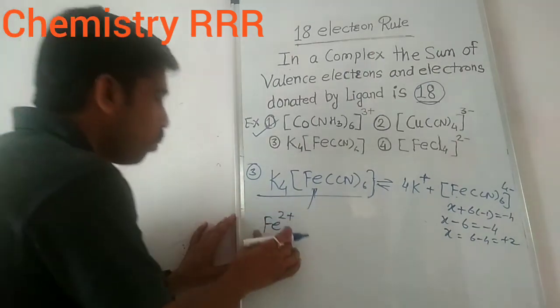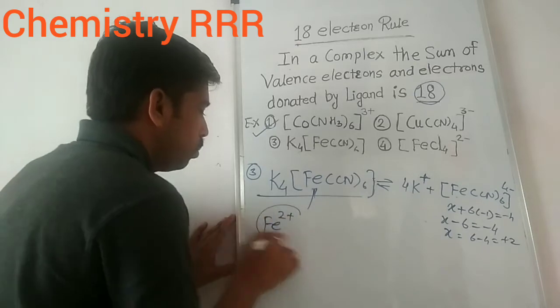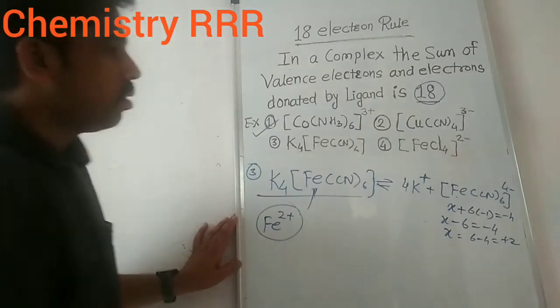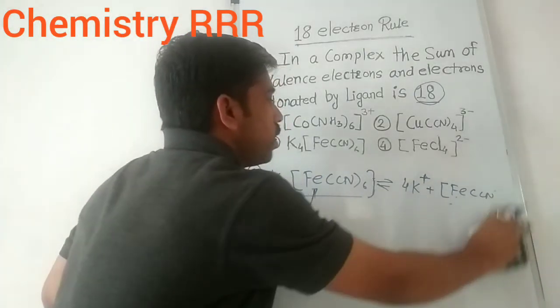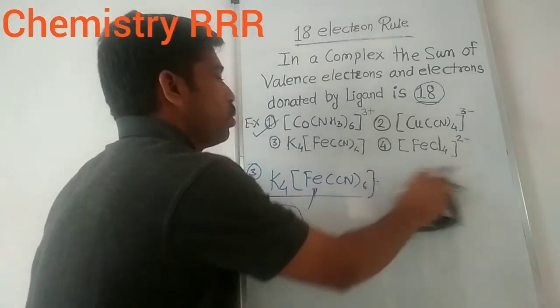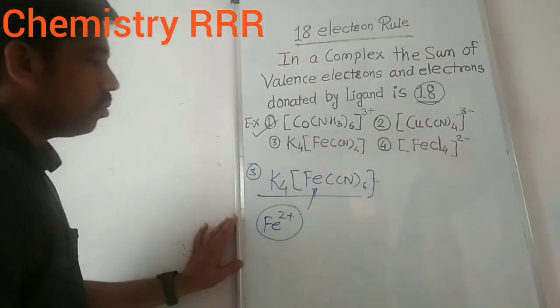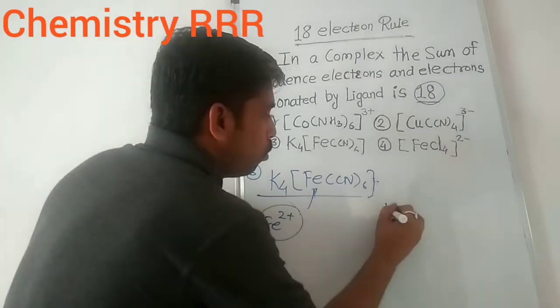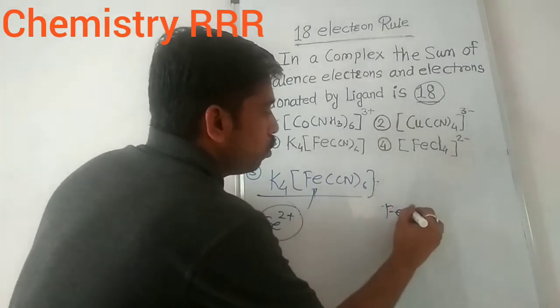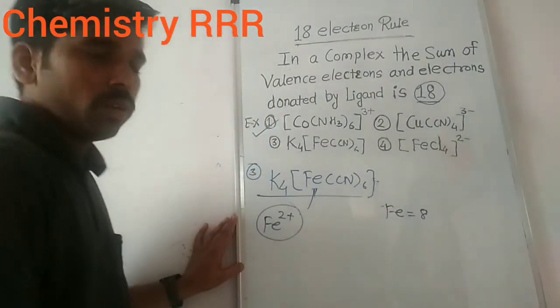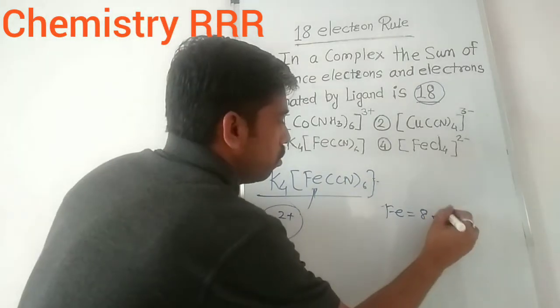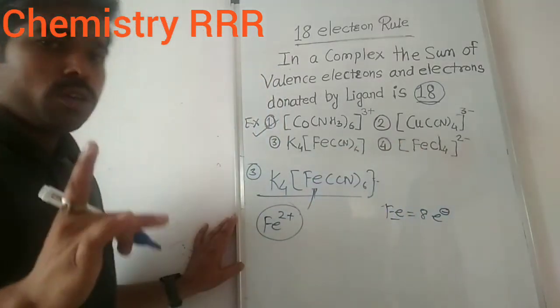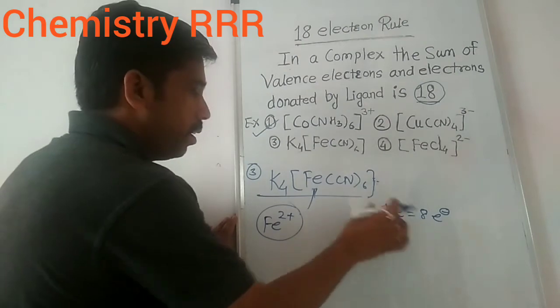Now, the second step is to determine the number of valence electrons present in Fe plus 2. You know the number of valence electrons present in Fe is equal to 8, that is 8 valence electrons for Fe in the zero oxidation state. Fe means iron.